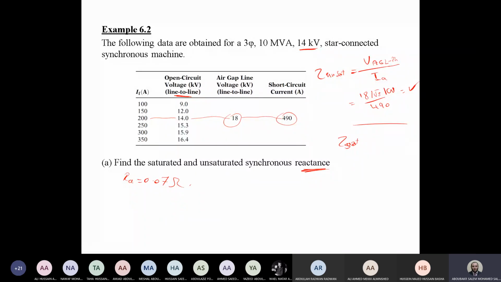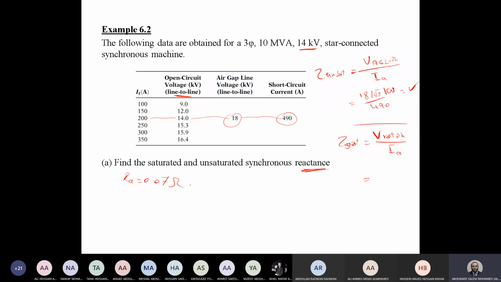For the saturated curve, which is the open circuit characteristic, we can say Z saturated equals V rated phase divided by the value of I_A, which is given at the same value of the V rated from the curve.